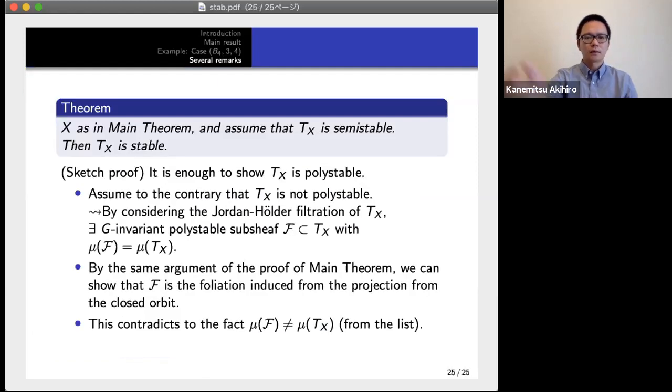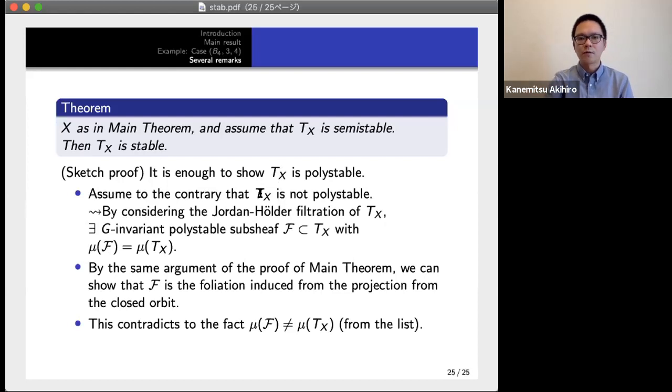Okay, let me give a sketch proof of this theorem, the stability of the tangent bundle in the case where the tangent bundle is semi-stable. And okay, as mentioned, it is enough to show that the tangent bundle is polystable. Assume to the contrary that the tangent bundle is not polystable, then by considering the Jordan-Hölder filtration of the tangent bundle, we can find the invariant polystable subsheaf F, whose slope is the same as the slope of the tangent bundle.